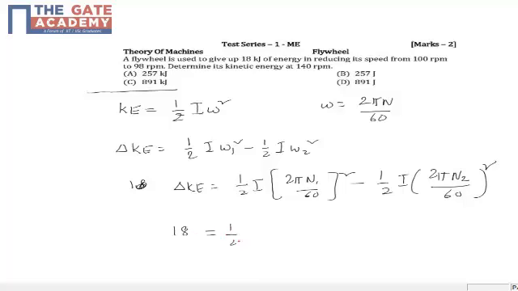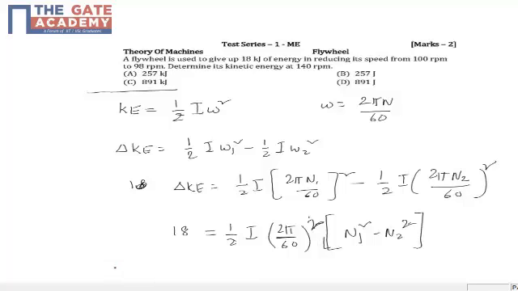Half I is something which I don't know, and 2 pi by 60 is also a constant, so I can take out 2 pi by 60 whole square, whereas n1 square minus n2 square, I have to write as 100 square minus 98 square.